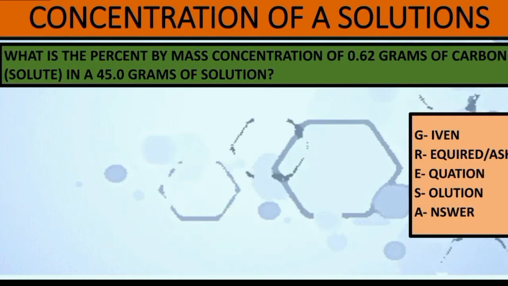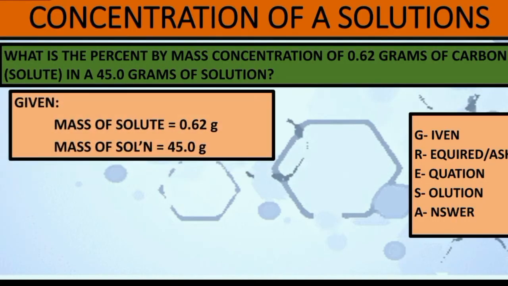Let's go back to the sample problem and look for the given values. We have 0.62 grams of carbon as our solute, and we also have 45.0 grams of solution. So that is our given values. Let's have R, which is required.